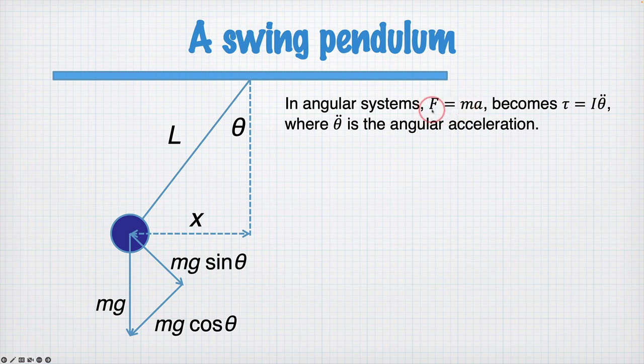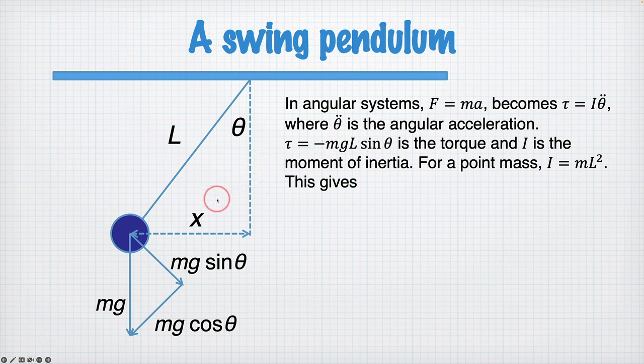In angular systems, force equals mass times acceleration becomes torque equals moment of inertia times angular acceleration. Now the torque in our case is the distance L multiplied by this force, so the torque is negative mgL sine theta.